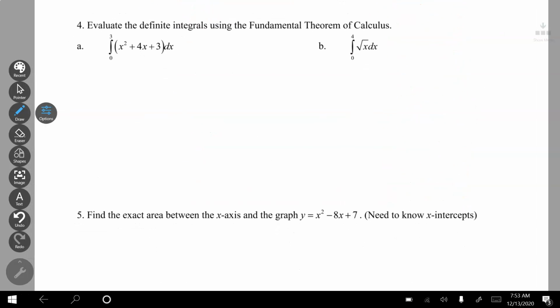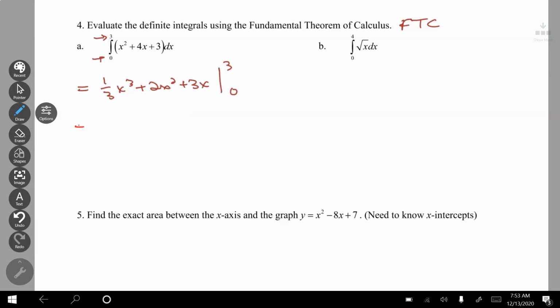Okay, let's actually use the FTC. So when I take the antiderivative of this, I get 1/3 x cubed plus 2x squared plus 3x. No plus c because I have limits. I put a vertical line. My upper is 3, my lower is 0. Gotta love plugging in 0. I'm going to plug in 3 here.